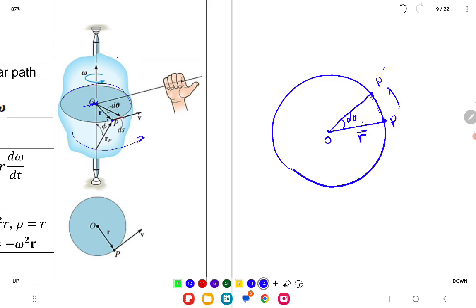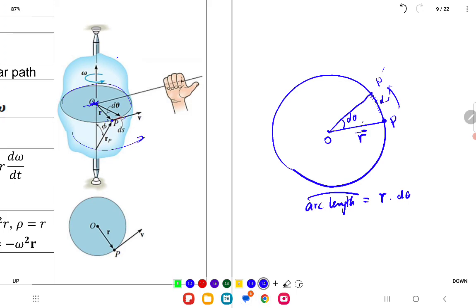To find the length of the arc, that's equal to the radius, which is R, times the angle d theta. It gives you this ds.